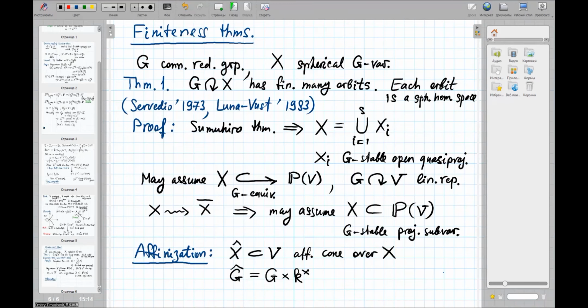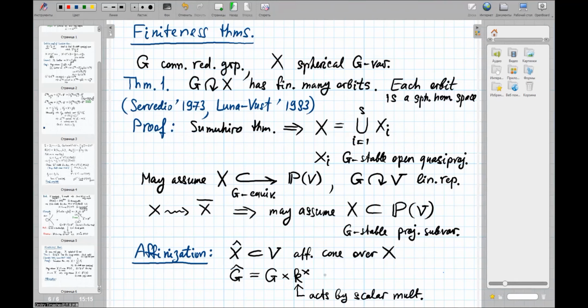So G acts as defined because V is a linear representation of G, and K star acts by scalar multiplication on this vector space V. And G hat preserves the cone X hat, of course.